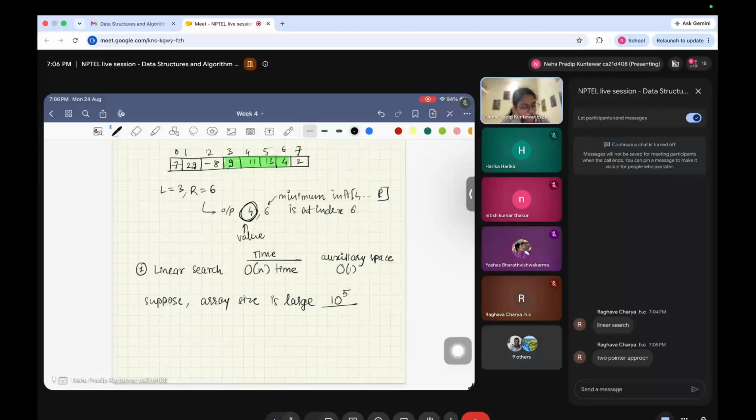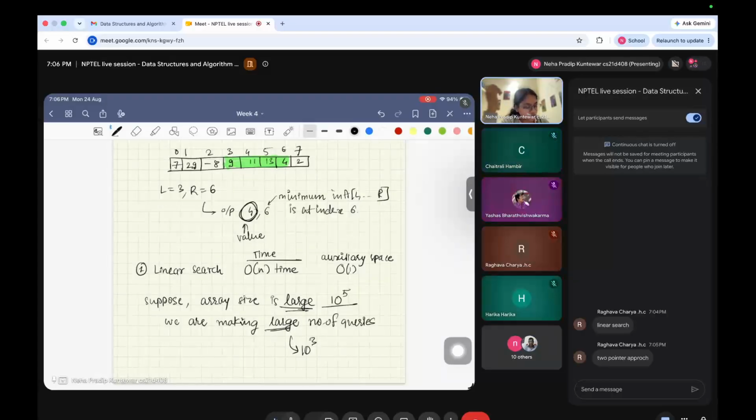And let's say I am not just making one query, I'm making a large number of queries, say 10 cube queries. So what is the running time for the entire algorithm across all queries, if I were to run this algorithm?